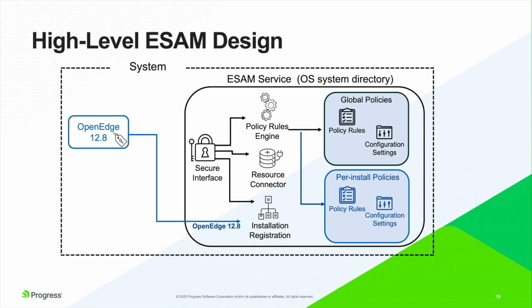This is a very important part of the ID security and trust model so that the installation can be trusted and secure. OpenEdge will generate a new installation GUID token file and then call the ESAM secure interface to register its token as a legitimate OpenEdge install, in this case, 12.8.